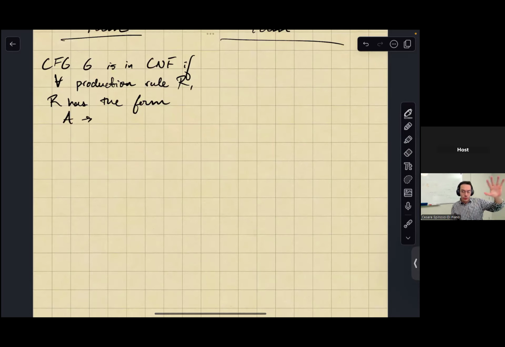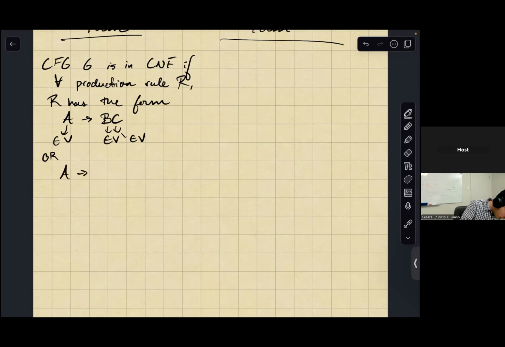Context-free just refers to the fact that the left-hand side of the arrow is free of any context, so it only has a single variable. So it's either of the form A gives you B C, where these are two variables, right? So A is also a variable. Or the other form that a rule R in a grammar in CNF could have is A gives you little a, where little a is just a terminal.